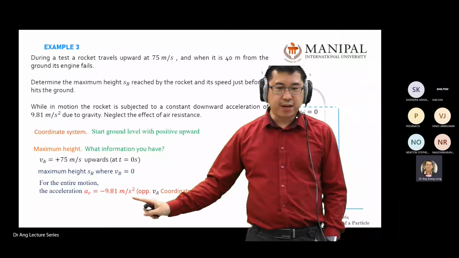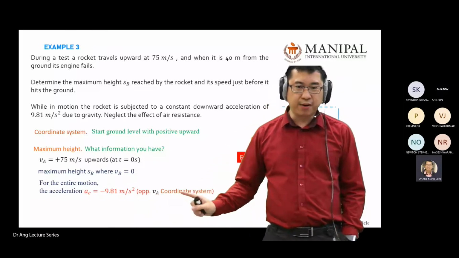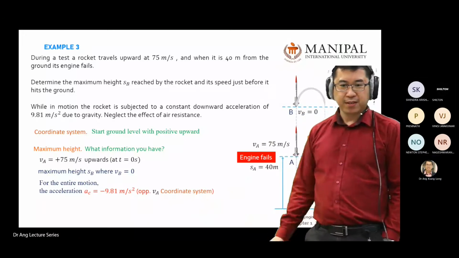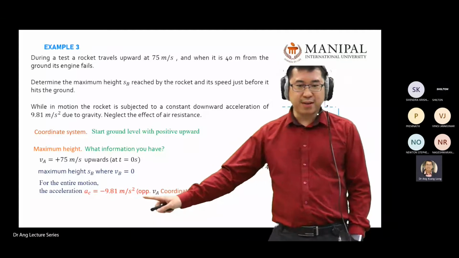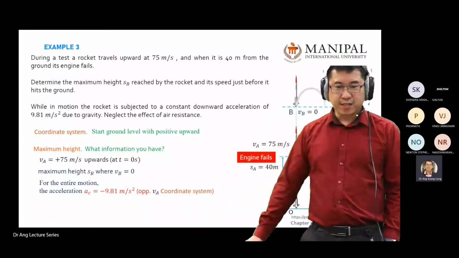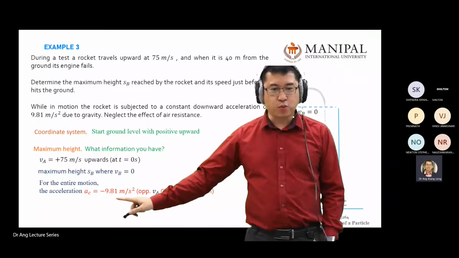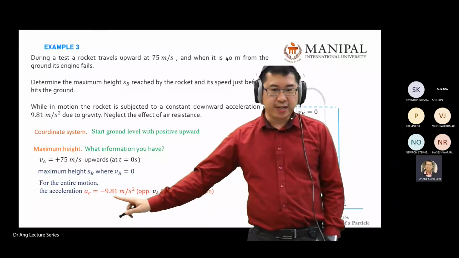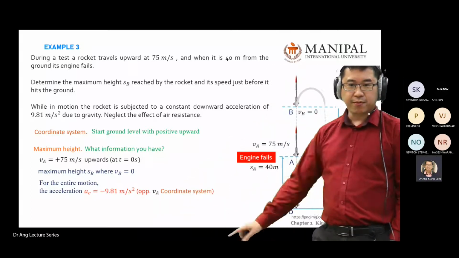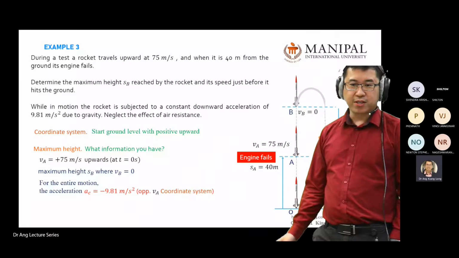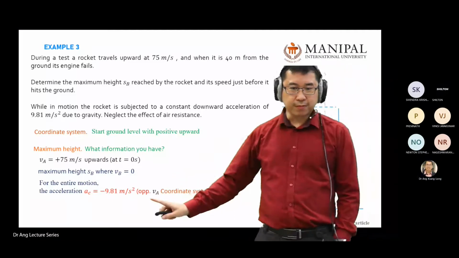This is a very popular mistake made by students when it comes to gravity force. Every time in a class, there will be at least one student who forgets that going down is negative. Then if you use positive, it means you accelerate upward. You become faster and faster and faster. So take note of this.